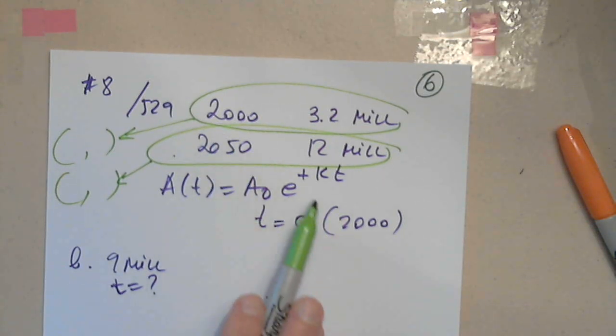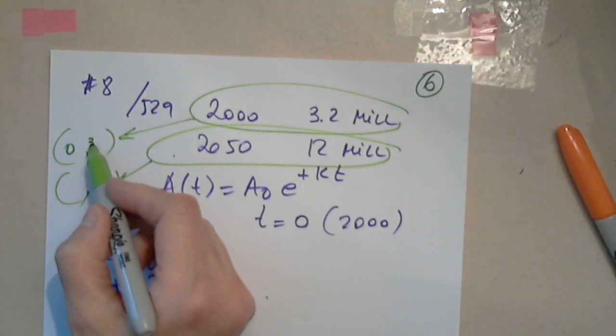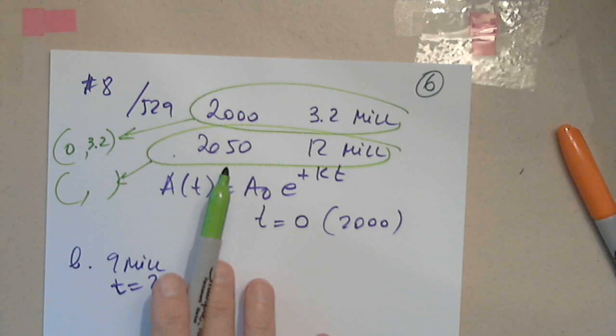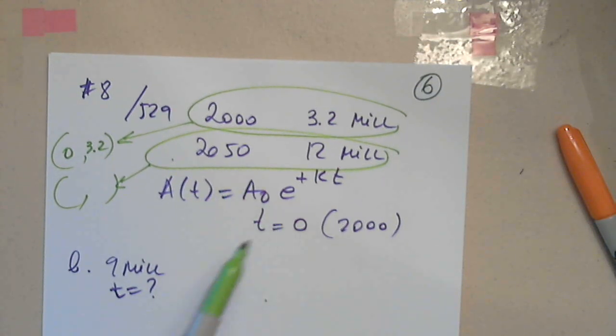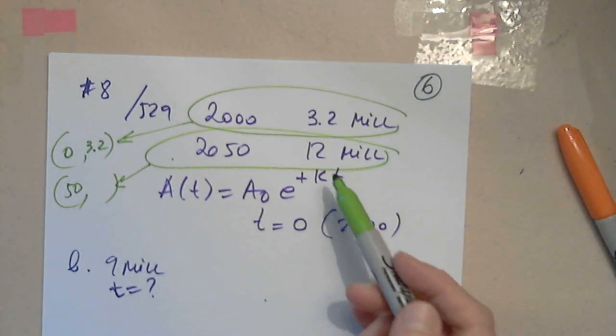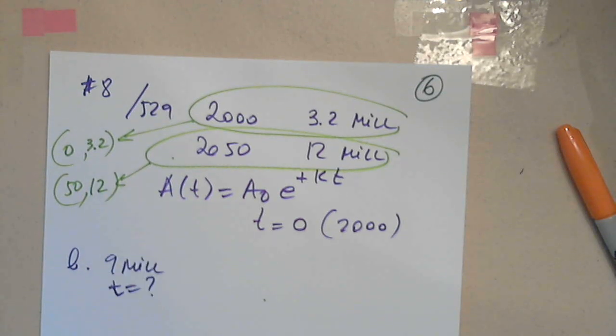So since 2000 is 0 for t, I will have 0, 3.2, and since 2050 represents year 50, comma 12. So these are the two ordered pairs given to us.